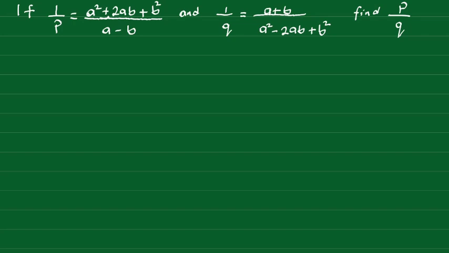Now, quickly we write the solution. We take note of the following fact in solving this expression: 1 over q remains the same. However, we solve this expression using the inverse of 1 over p, that is p.